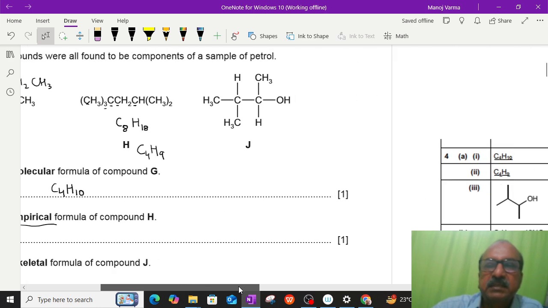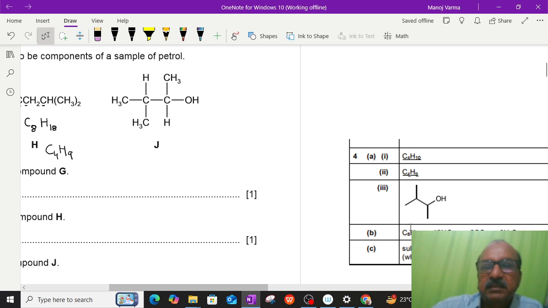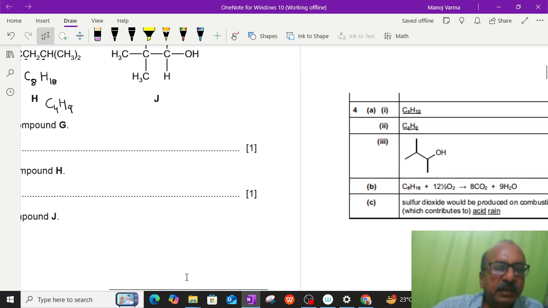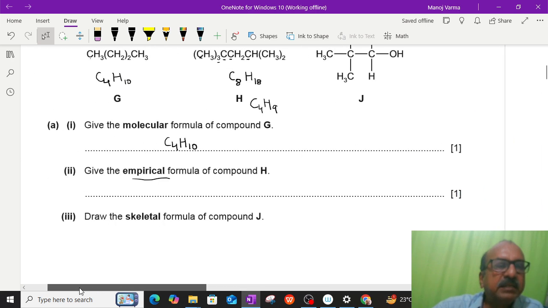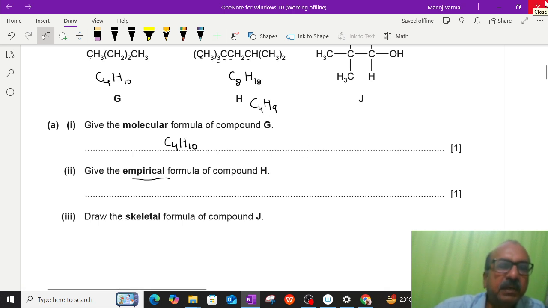Yes, this is right, C4H9. So C4H9 is the empirical formula. I think you understood the meaning of empirical formula: you have to write down the simplest ratio of the atoms present in the molecular formula. So this is the answer.